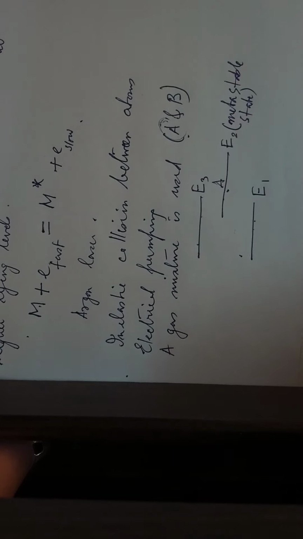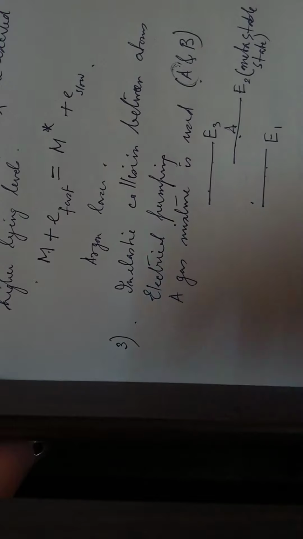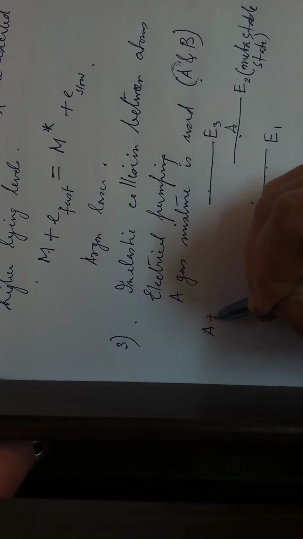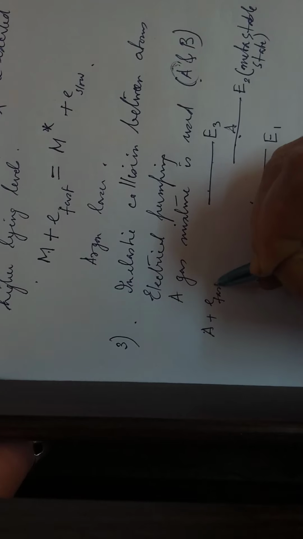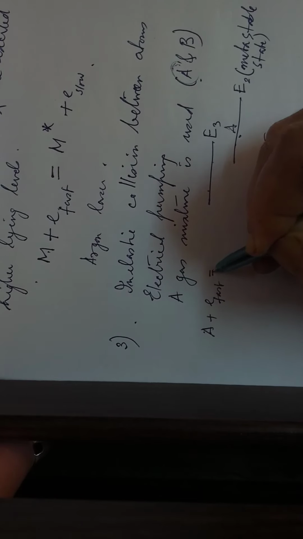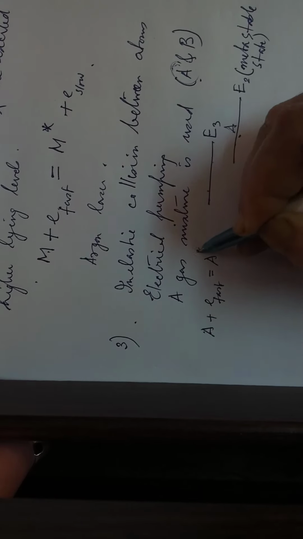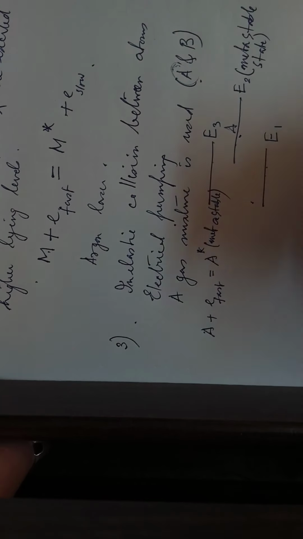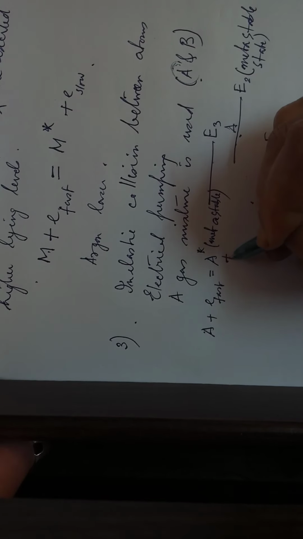How will you write down your equations over here? A plus E fast, where E fast is the fast electron, goes to A star, which is metastable, plus E slow.